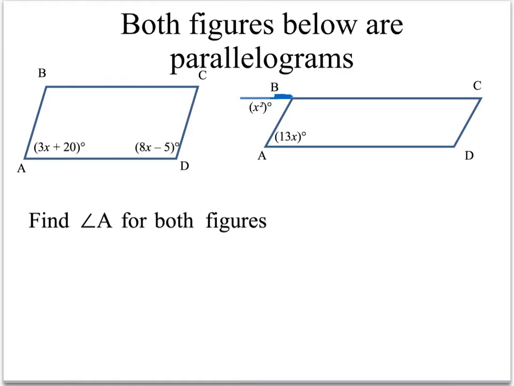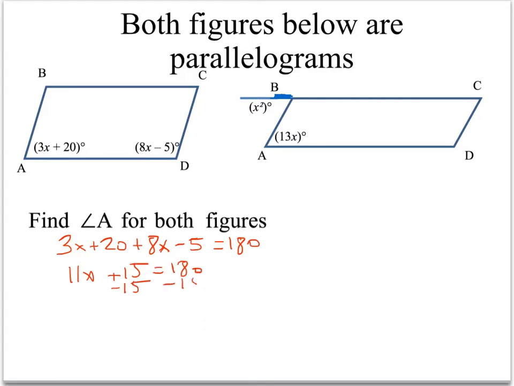So the one fact that we need to know is that consecutive angles in parallelograms are supplementary, which of course means 3x plus 20 plus 8x minus 5 is equal to 180 degrees. We'll then combine like terms. 11x plus 15 equals 180. Subtract 15 from both sides, and 11x is going to equal 165.